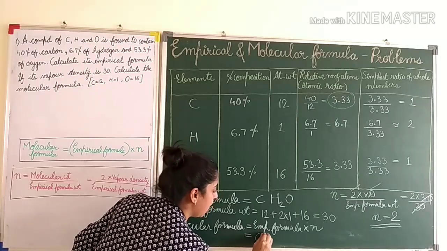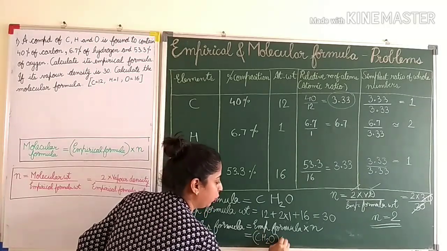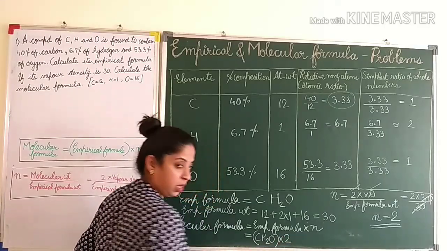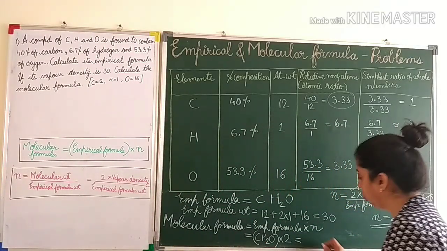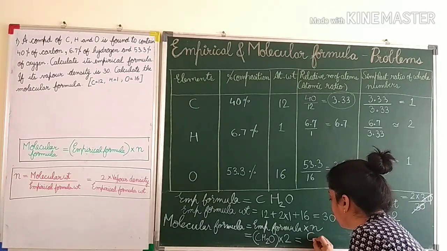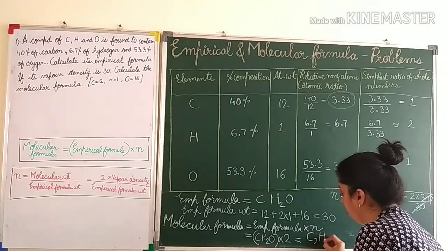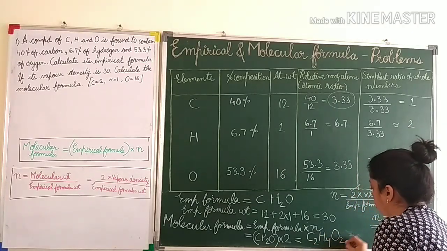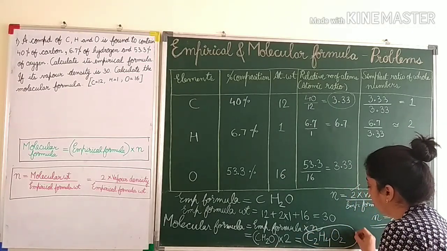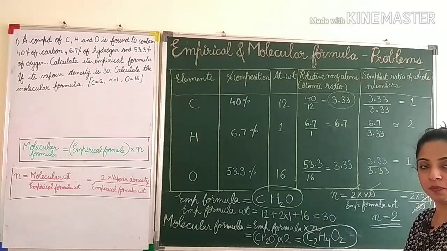It is CH2O into 2. Right? So every element you have to multiply with 2. So C becomes C2, H2 becomes H4 and O becomes O2. So this will be your molecular formula and this will be your empirical formula.